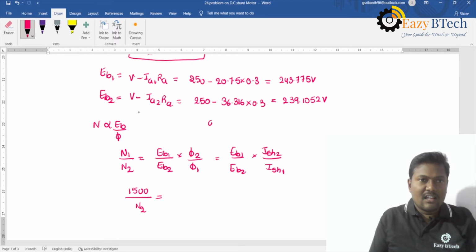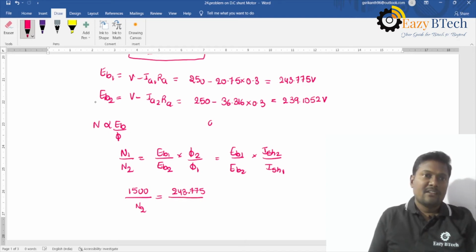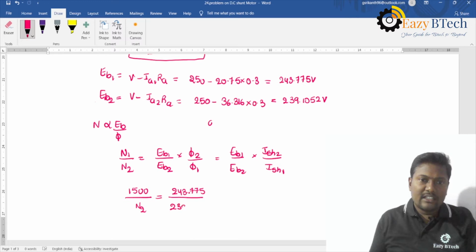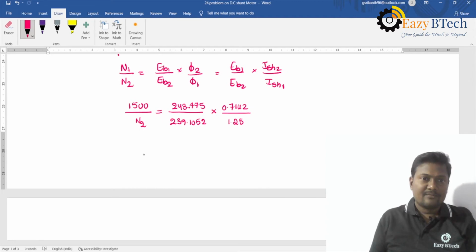EB1 is calculated just now, the value is 243.775, divided by the EB2 value 239.1052 into the shunt current 2. The shunt current 2 value is 0.7142 divided by 1.25. Then the speed I am getting is 2575.024 rpm.